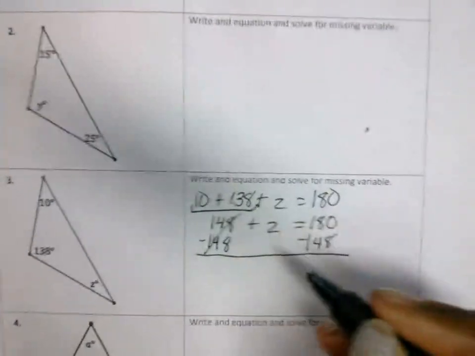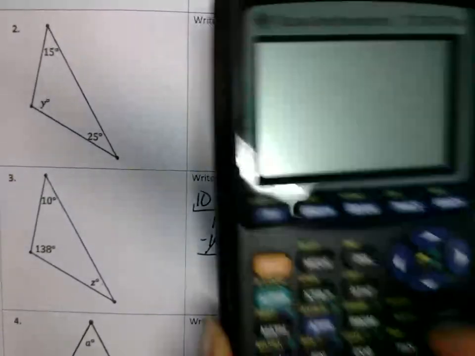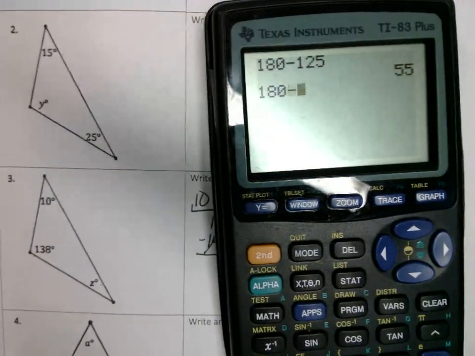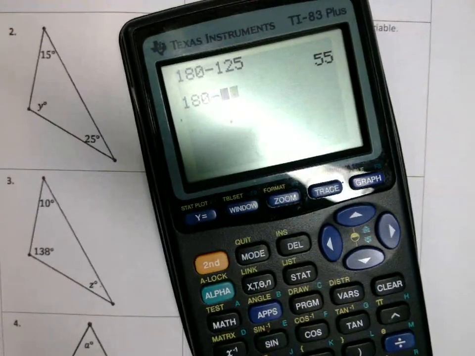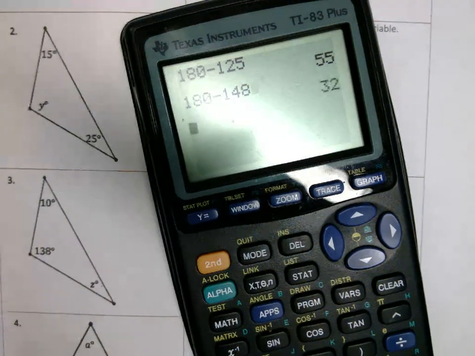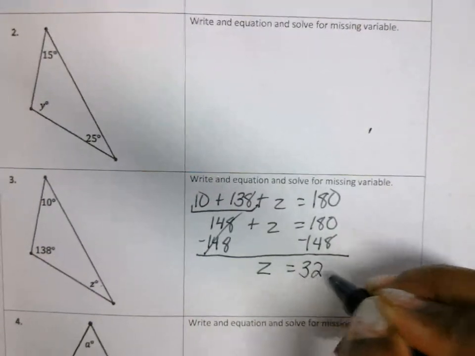It's 0. So we're left with Z here. So you have 180 minus what? 148. And what does that give you? 32. Very good. So Z is equal to 32 degrees.